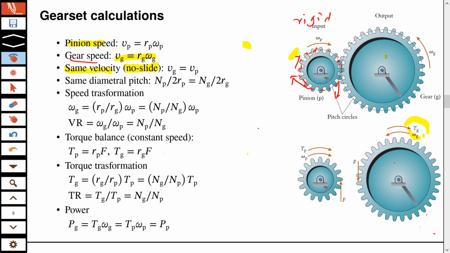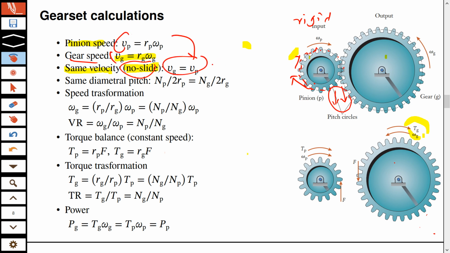No sliding corresponds to the velocities where these two parts contact each other. So if this side moves, let's say, downward, then this side will also move downward, and they must move at the same speed if you want no sliding. That means that these two speeds must be equal.